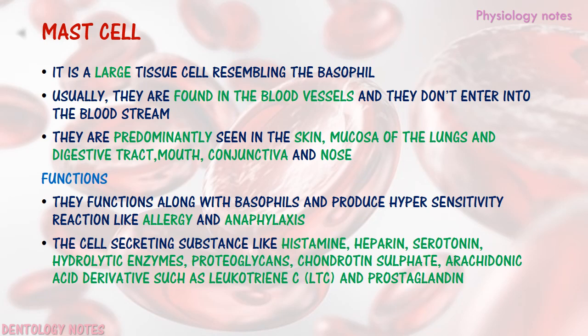Functions: they function along with basophils and produce hypersensitivity reactions like allergy and anaphylaxis. The cell secretes substances like histamine, heparin, serotonin, hydrolytic enzymes, proteoglycans, chondroitin sulfate, arachidonic acid derivatives such as leukotriene, LTC, and prostaglandin.